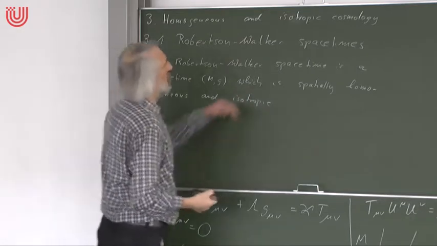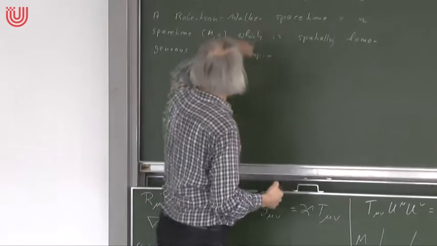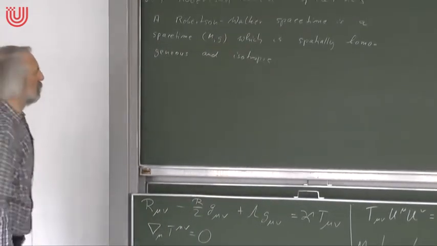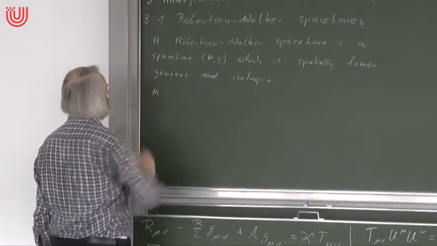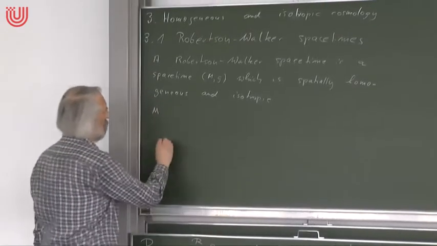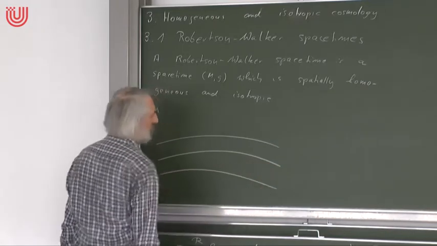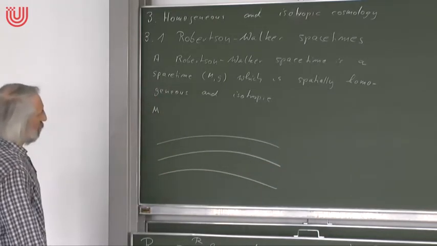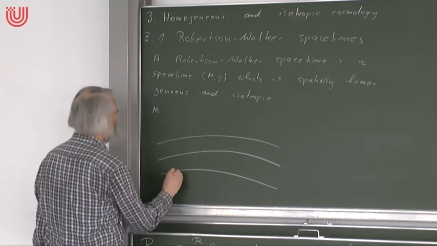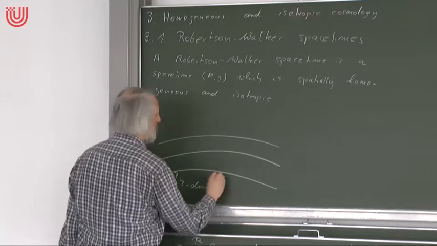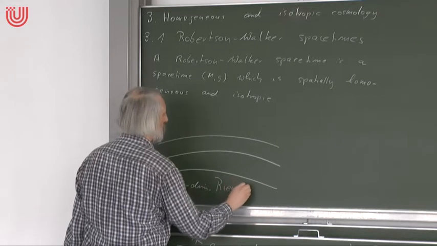What does this mean? We draw a picture. We assume that we have a space-time which can be sliced in a certain way into three-dimensional spaces. So M is a space-time, it's four-dimensional. We assume that we can slice it into three-dimensional spaces. And each of these is a three-dimensional Riemannian space. Riemannian means positive definite metric.